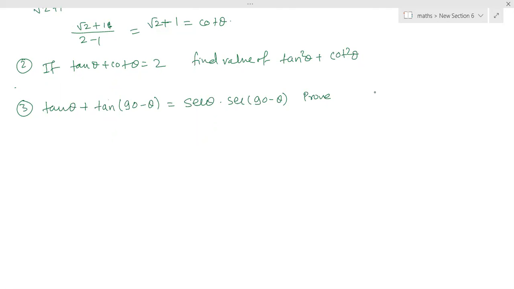Next question, prove: tan theta plus tan 90 minus theta is equal to sec theta into sec 90 minus theta.